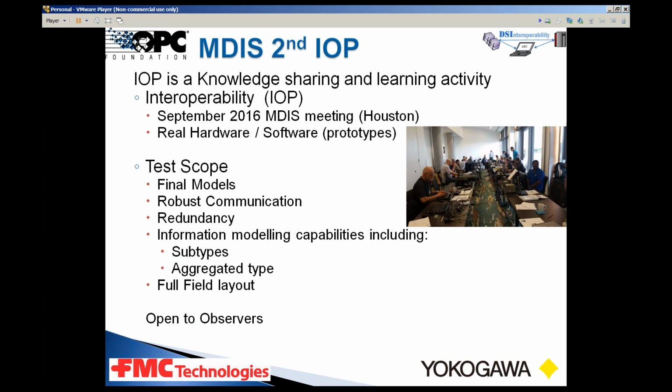We have another IOP scheduled for September of next year. This is in Houston. This IOP will have all the final models in it. It'll have robust communications. We're going to have people bring redundancy. We're going to have real hardware and software from vendors. We're going to have information modeling capabilities visited too.